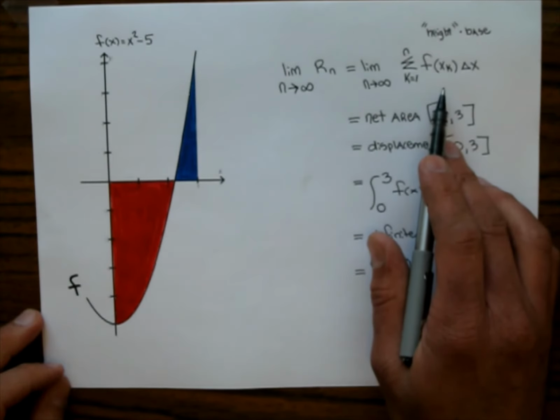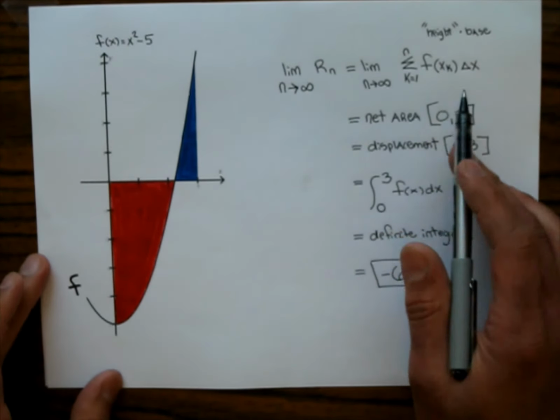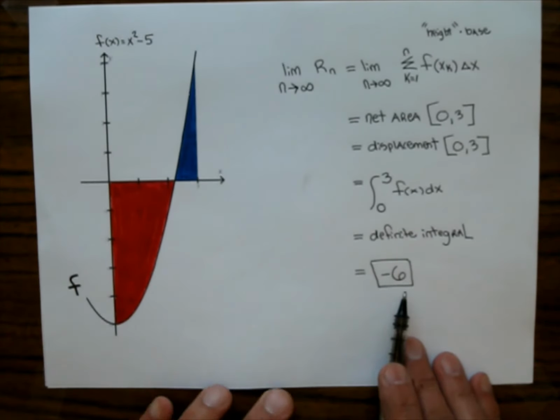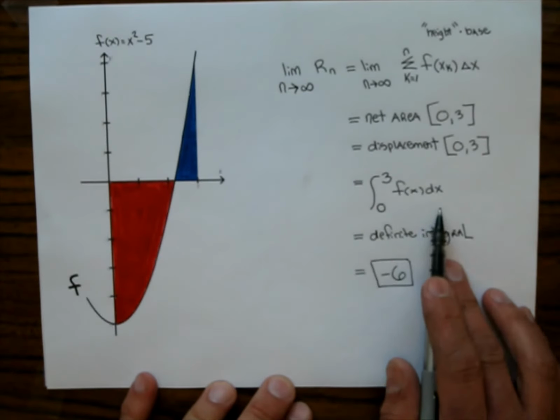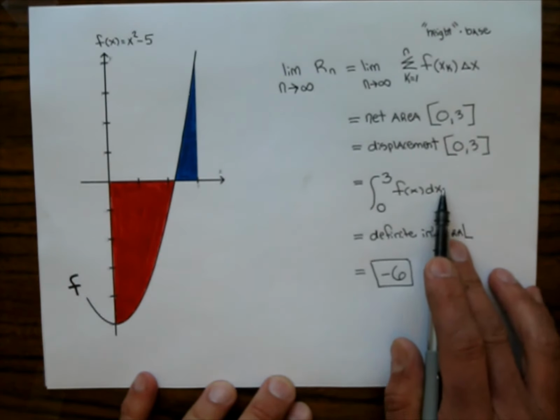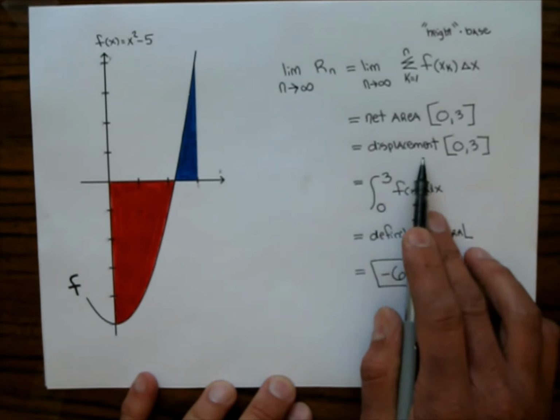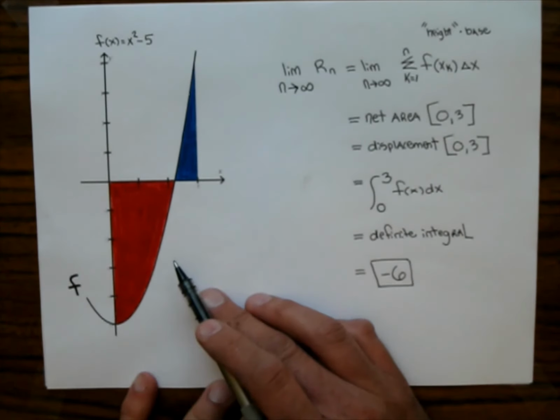There's a lot of theory in the book, and I've already done a lot of stuff. I don't want to get too much into the theory, but just remember that this notation right here means net area from 0 to 3. And also gives us the displacement when this is a velocity.